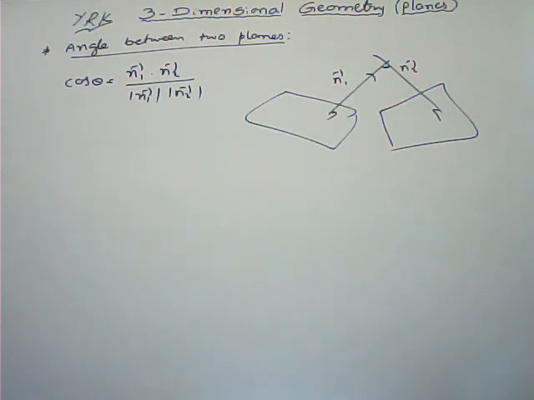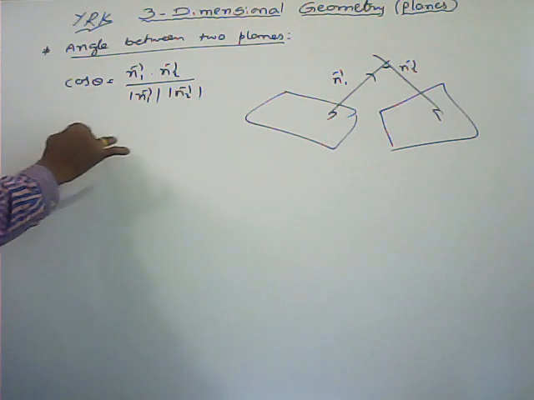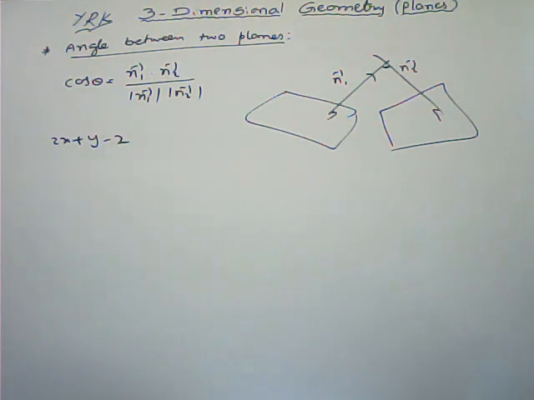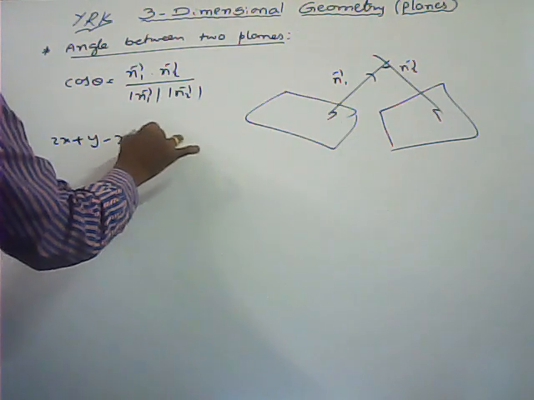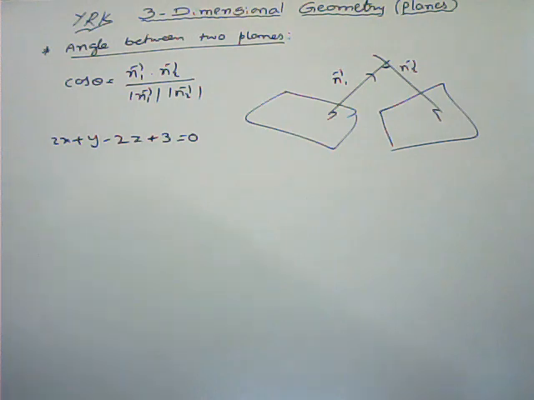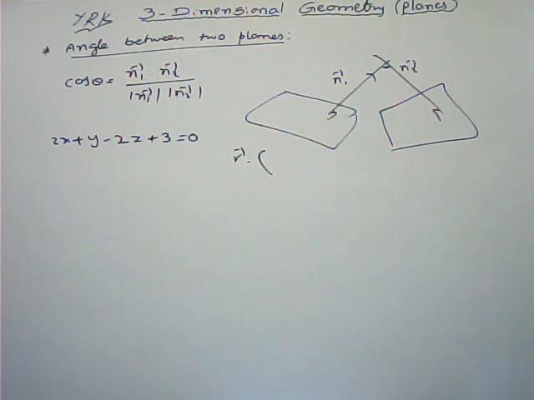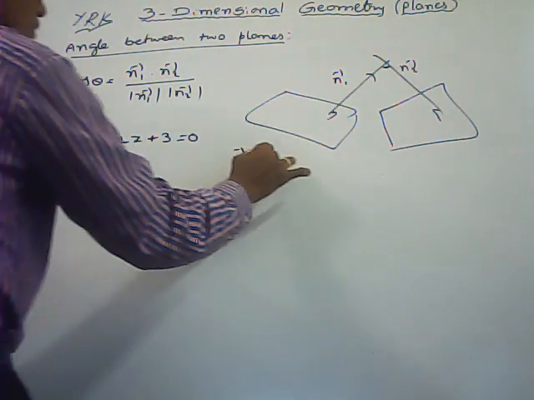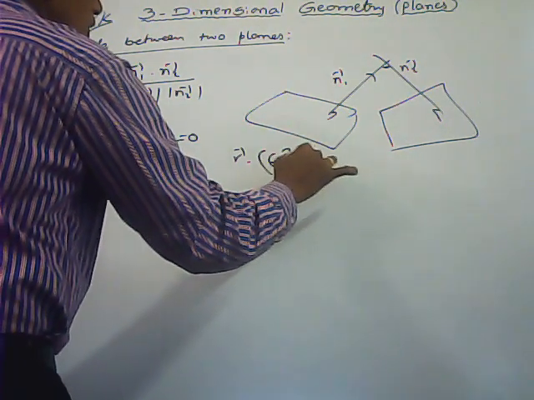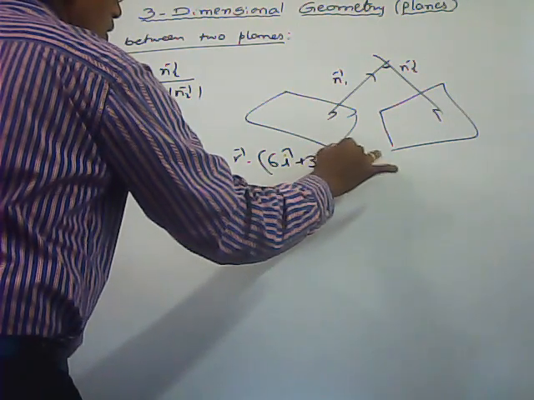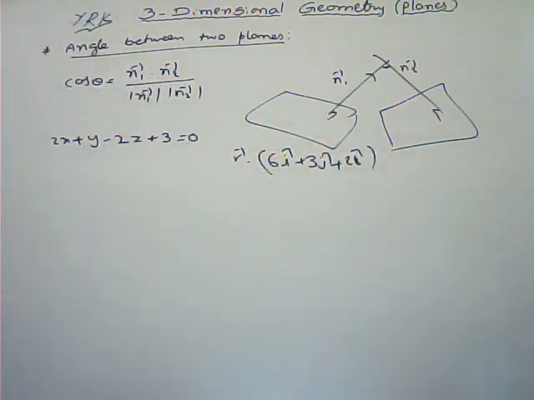For example, find the angle between 2x plus y minus 2z plus 3 is equal to 0. That is one of the equations of the plane. And one more, r bar dot (6i plus 3j plus 2k) is equal to 40.